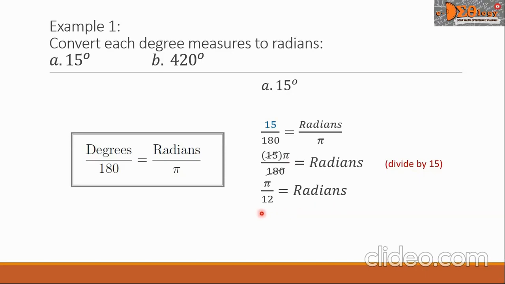So we have now this value pi over 12. We can simply interchange the position of the radians and the value pi over 12. To conclude, the 15 degrees equals pi over 12 in radians. This is our final answer.